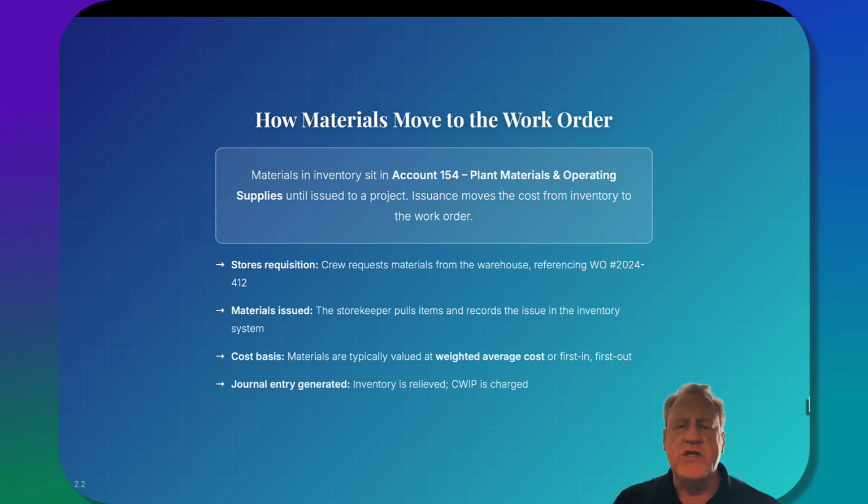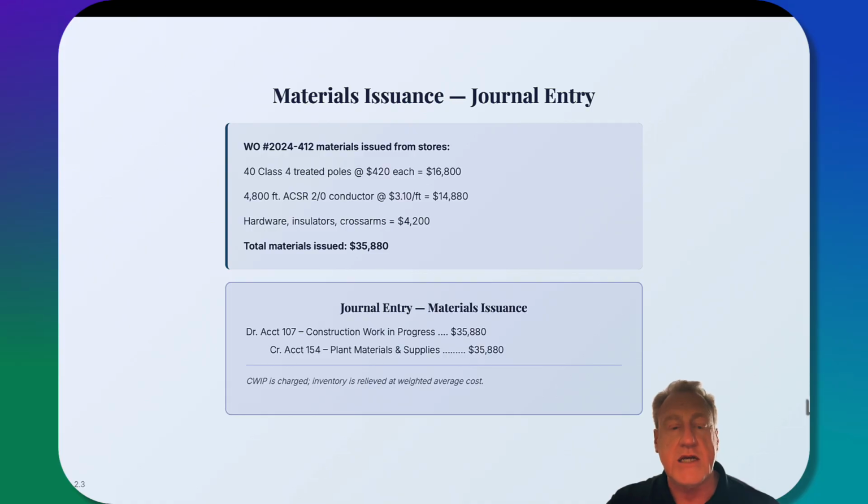And sometimes first in, first out, but FERC requires weighted average cost. And so those materials are charged to the work order at that cost. So there's a journal entry generated, mainly internally, based on your accounting system. But in any case, inventory is reduced and construction work in progress is increased.